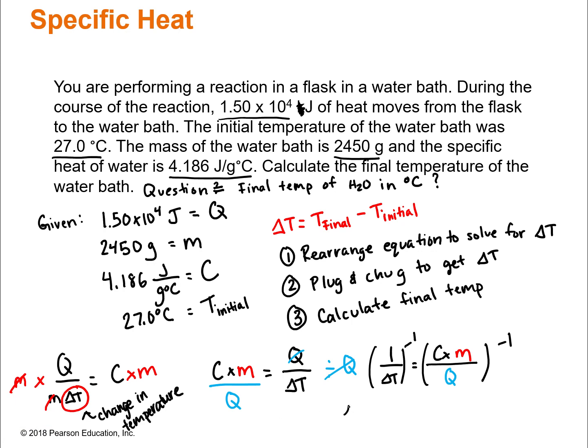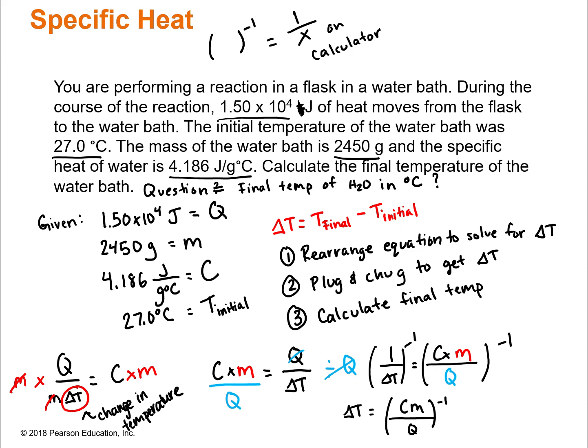So you get delta T is equal to Cm over Q, and you want the inverse of that. Inverse simply means, if you've got something to the -1, on your calculator, there may be a 1 over x button. So that's all that means.